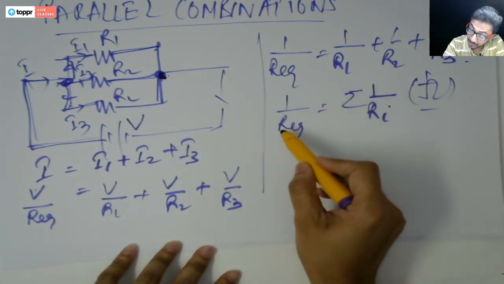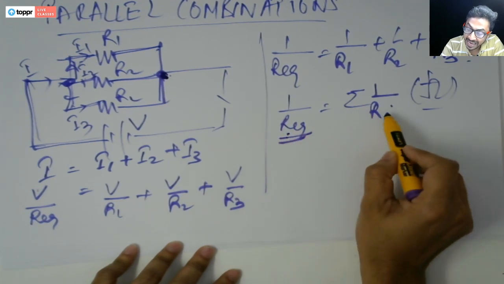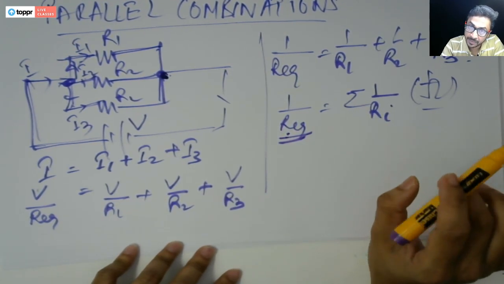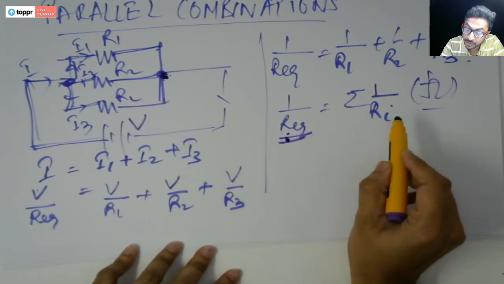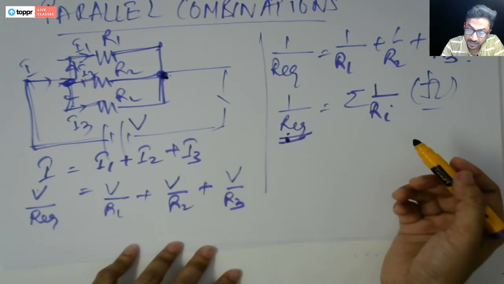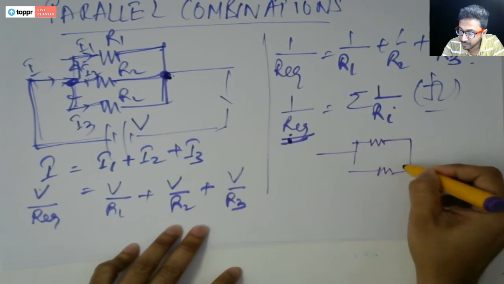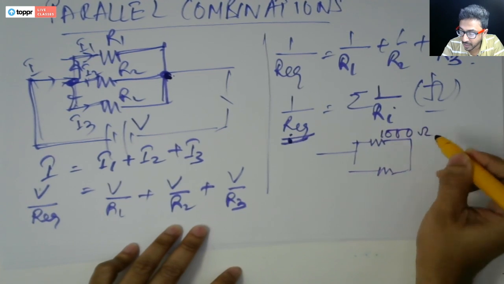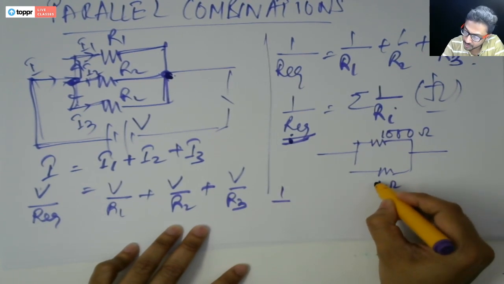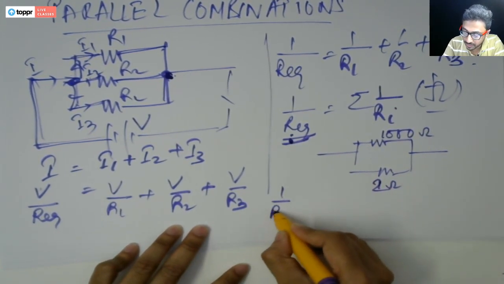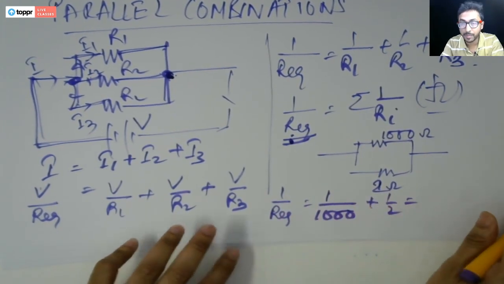Now, here you need to note that R equivalent will be less than any one resistance, even the smallest resistance. The R equivalent will be smaller than the smallest resistance. You can just check with any combination. Suppose you take this as 1000 ohm and this as 2 ohms. So what is R equivalent? 1 by R equivalent is 1 by 1000 plus 1 by 2.